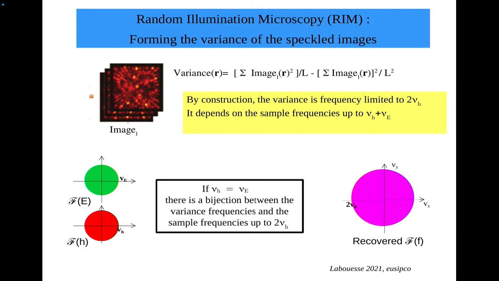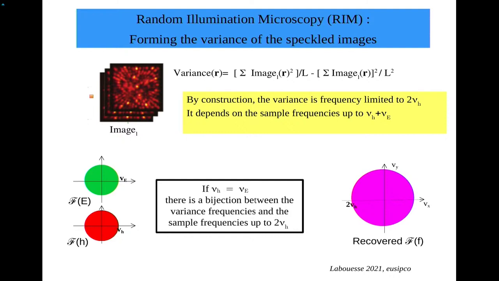First of all, you have to understand that the variance is frequency limited. If you take the Fourier transform of your variance, it is frequency limited. What is the frequency cutoff? The variance is related to the square of the image. When you have an image that is frequency limited to nu h, the square of the image is frequency limited to 2 nu h.